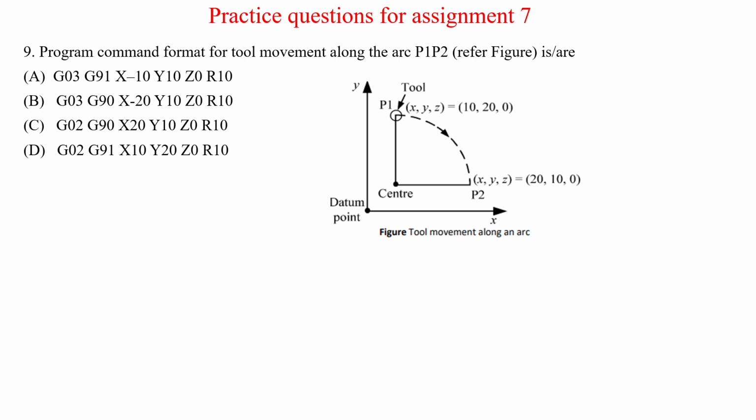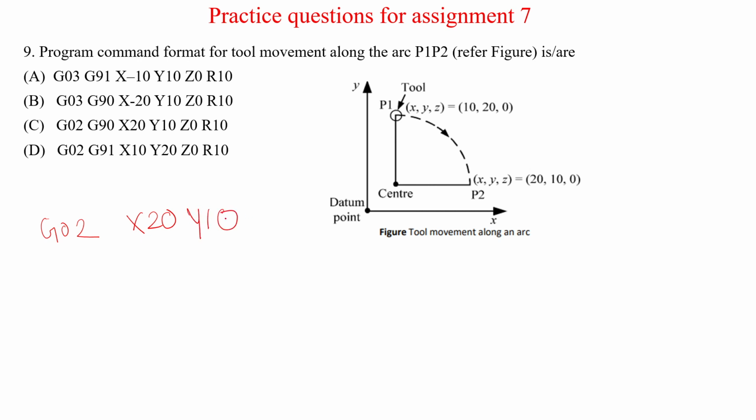Now, tell me the path from going from P1 to P2. What will be the code? Just look at it, tell. It is very easy. G02, X20 Y10 Z0. G02 because it is clockwise, right? X is 20 because the final position is 20. Y is 10.